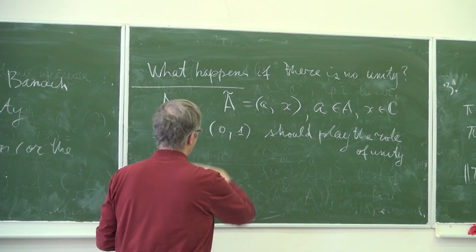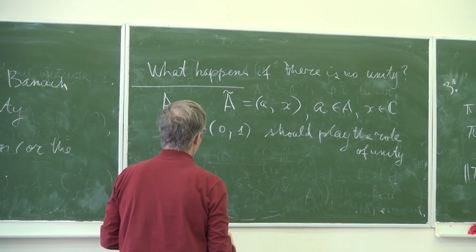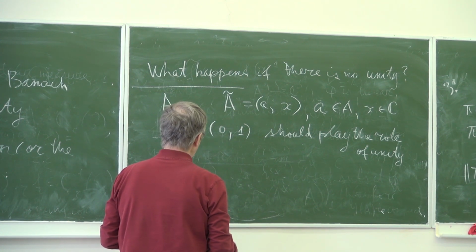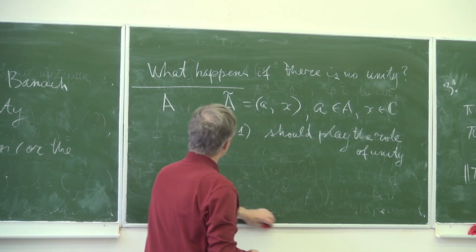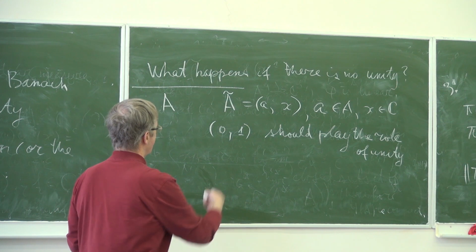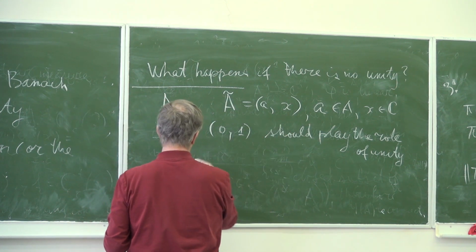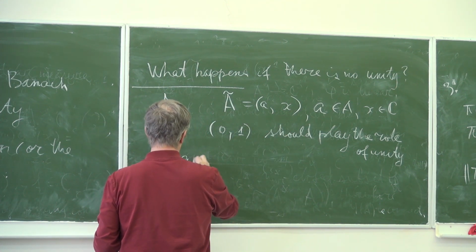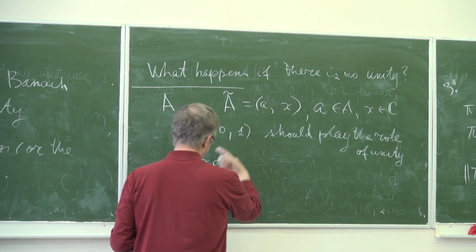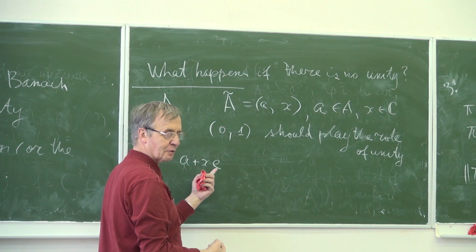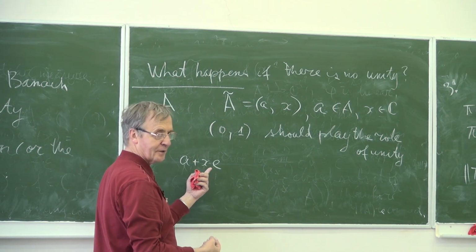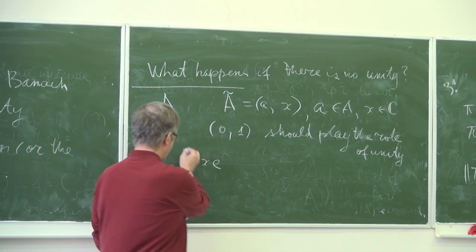If we do not need quite strict arguments, we can view this as a plus xE, where E is this adjoined unity. And from this it is clear how to multiply such elements.